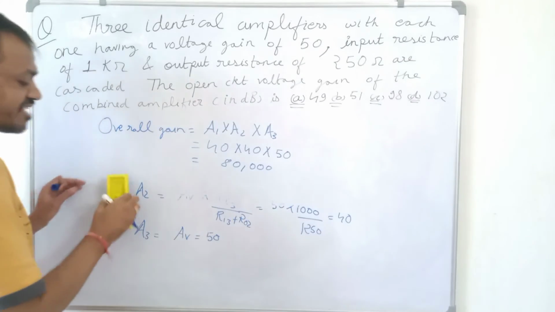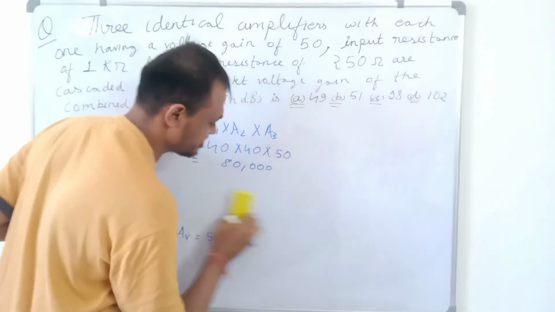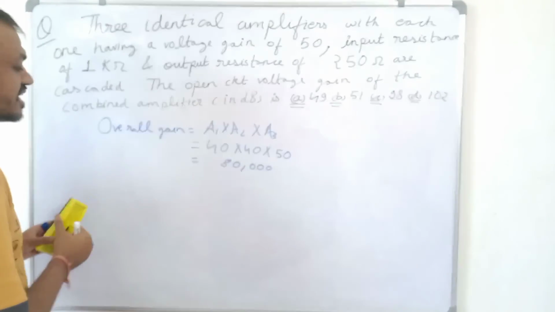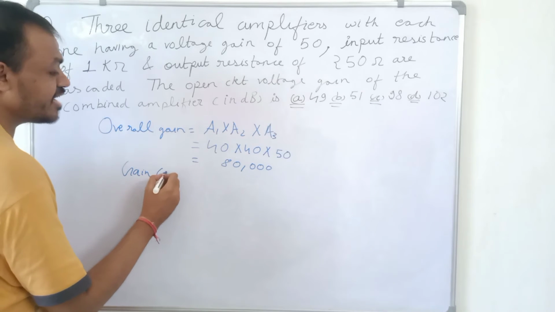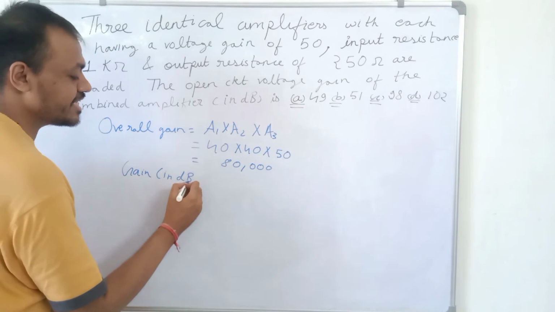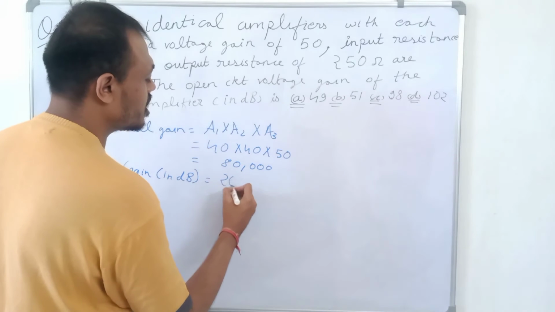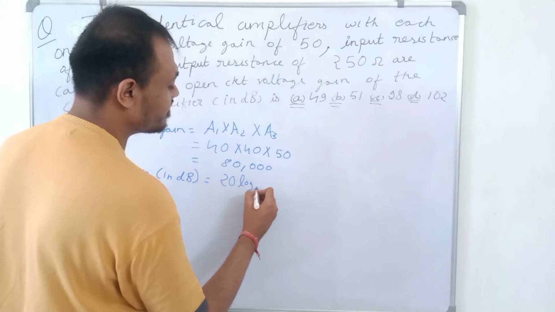It is asking for the gain in dB, so we have to convert this 80,000 to dB. This will be equal to 20 log to the base 10 of 80,000.